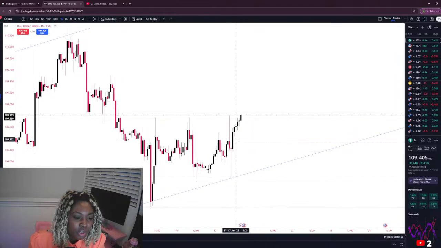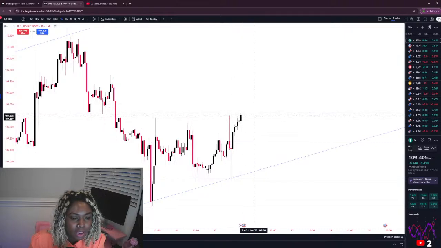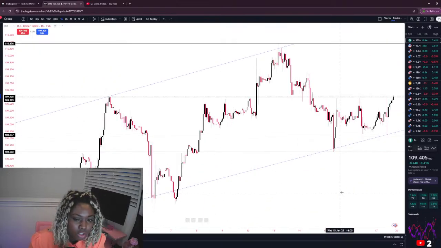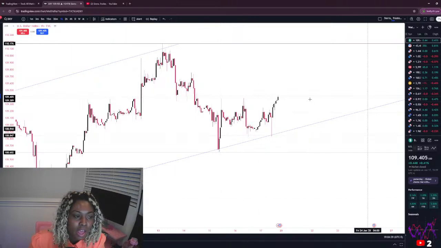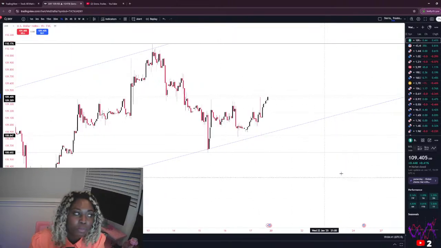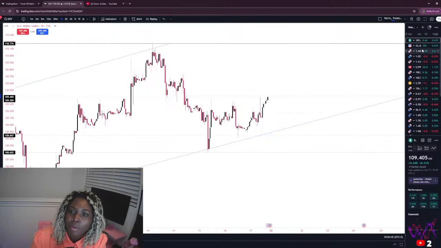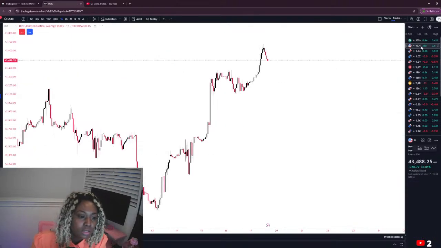But I won't enter a buy on here unless price breaks this area, right? I needed to break this area and then come back and pull me back up. All right. So these are our levels that we have marked up for next week. On the dollar, we're looking at buys, but we're going to let the market tell us.